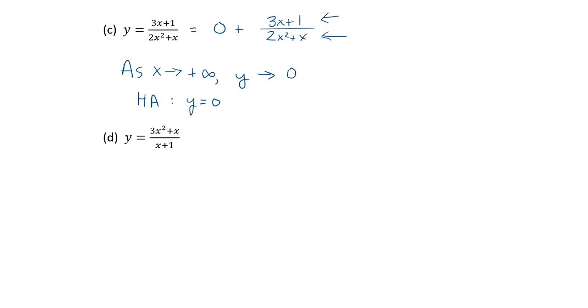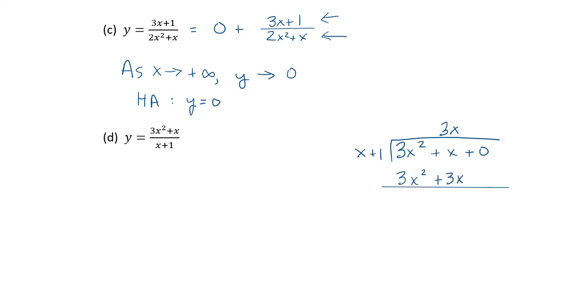For this rational function, the top is large enough to be divided by the denominator. So let's try to carry out that division. 3x squared plus x plus 0 divided by x plus 1. 3x squared divided by x is going to be 3x. 3x times x plus 1 is 3x squared plus 3x.